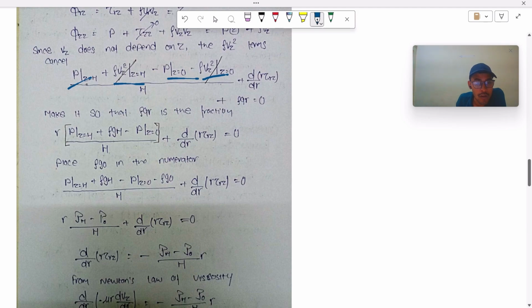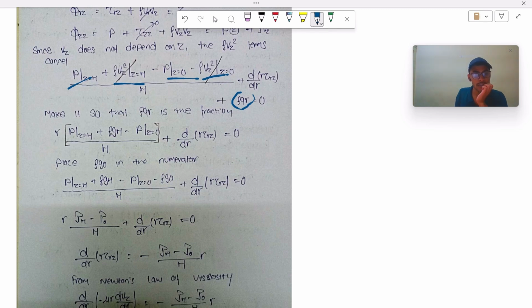So now taking r common, where P at z is equal to h plus rho g h, minus P at z is equal to 0, upon h plus this is equal to 0. What we have done is we basically introduced this into this. We have taken r common and LCM h, so that the whole term will come under this.